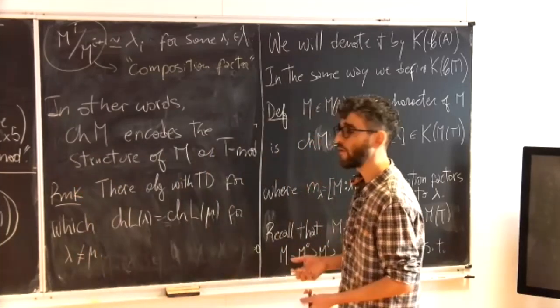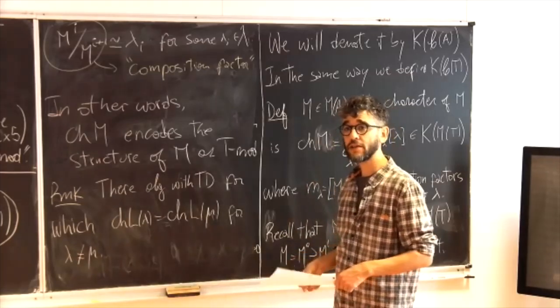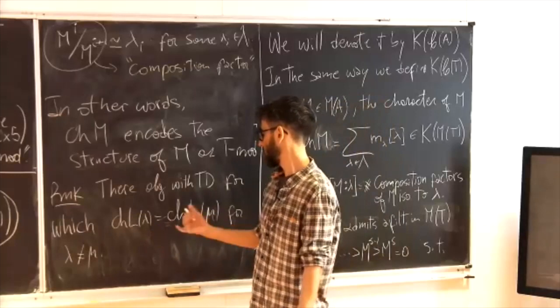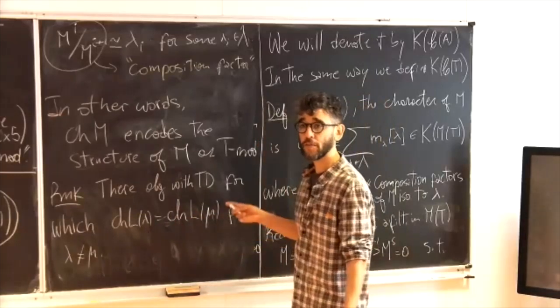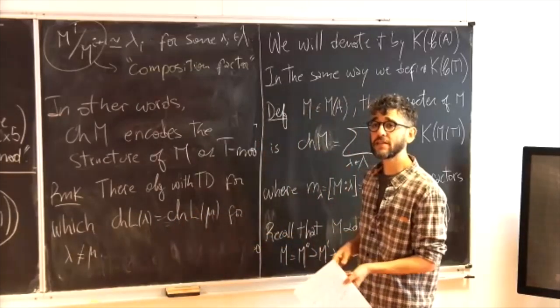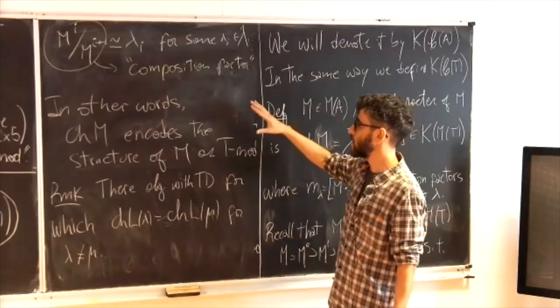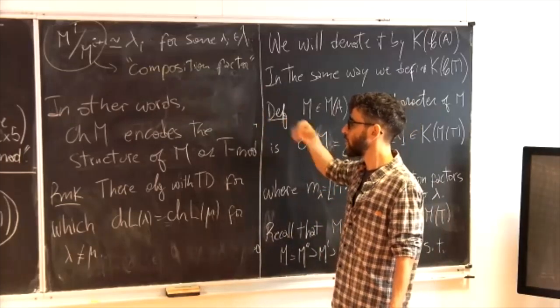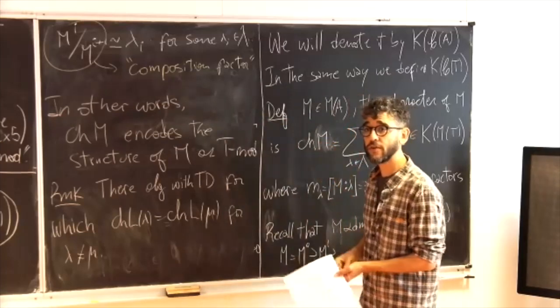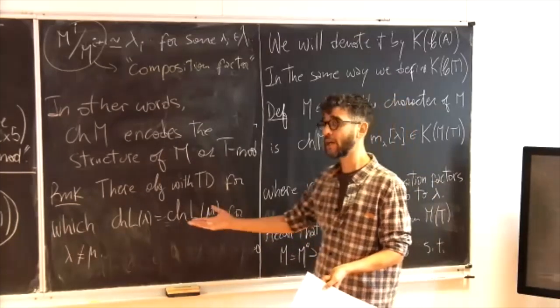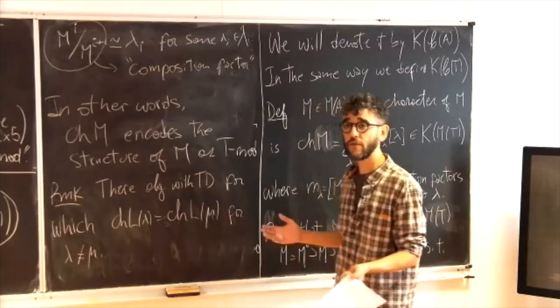So there are examples of algebras with triangular decomposition where, when you take the character of the simple modules, you obtain the same. That means that the character is not too good to study the simple modules because we cannot distinguish them from the characters.